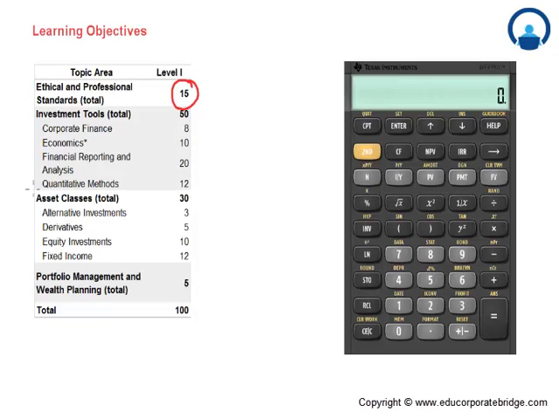However, when we talk about quantitative methods and analysis, here it will require heavy calculator usage. So we'll divide our calculator usage into two kinds. Let me write that: calculator, and we will divide this into two parts, one being the regular usage and second a specialized usage.